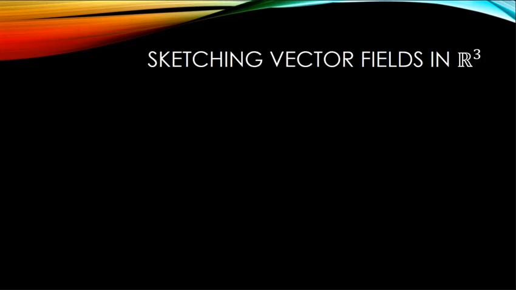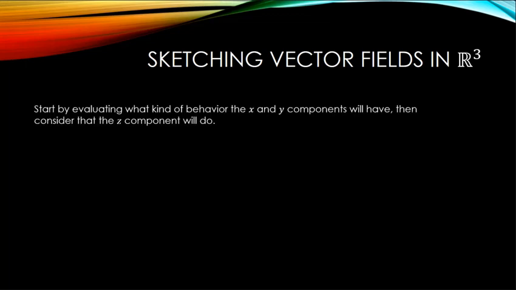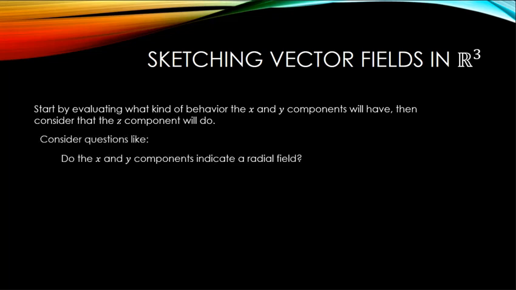Now, sketching vector fields in R3 can be a little bit challenging. So we're going to start by evaluating the behavior of the vector field with respect to the x and y components in the xy plane, and then consider what the z component is going to do. So we'll consider asking questions like, do the x and y components indicate a radial field?